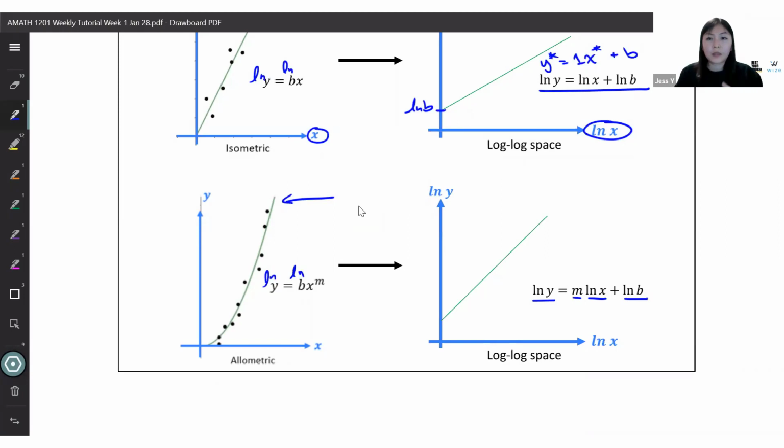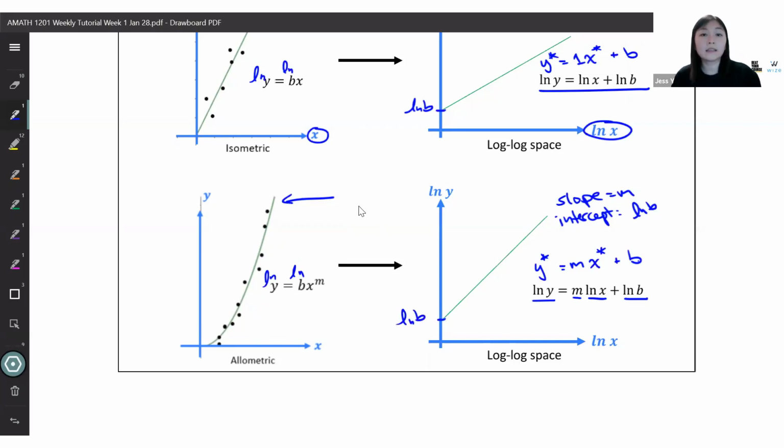And this is now our new y equals mx plus b, which is a straight line. This straight line has the slope m, and the vertical intercept of ln b, okay? So that's essentially what we're doing. And this helps us zoom in and actually see what's happening with our data points. All right, so let's take a look.